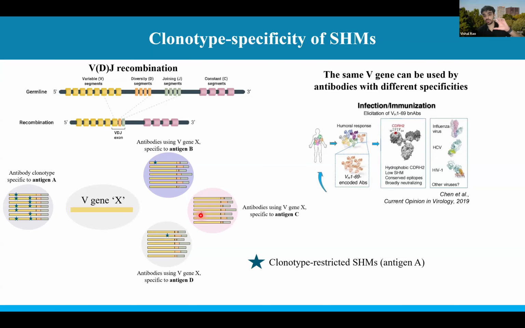On one hand, we define clonotype restricted mutations as those that are predominantly enriched within the clonotype specific to antigen A. And on the other hand, we have clonotype shared mutations that pretty much occur in an epitope agnostic fashion where they have similar frequencies in occurrence across these different antigen groups.